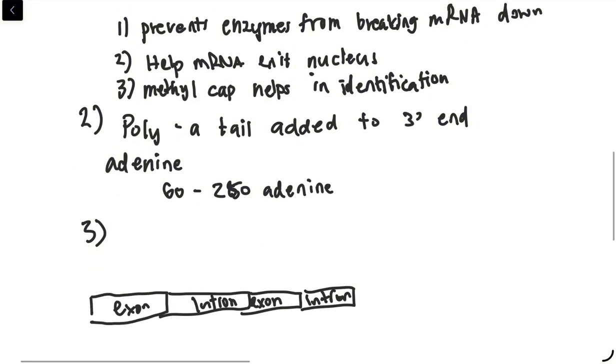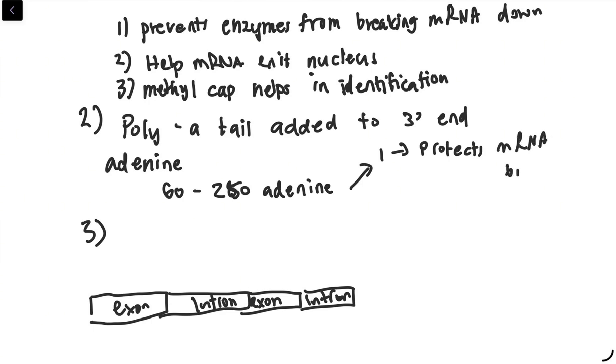And why is this needed? Well, one reason is that it protects mRNA from breaking down. Another reason is that it aids in stability, where it assists transport outside the nucleus, so it helps it exit the nucleus. That's all you need to know.